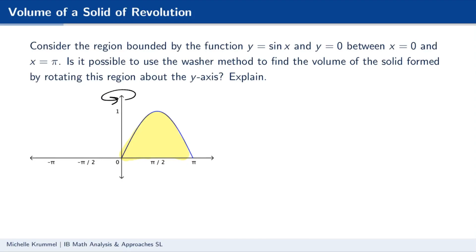So if we want to rotate around the y-axis using the washer method, we know that we have to draw the reference rectangle perpendicular to the axis of rotation. So the outer radius would look something like this for our rectangle there, and then the inner radius something like this here.